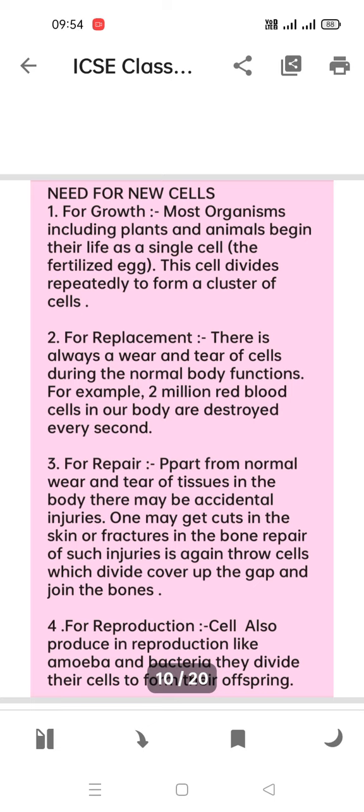Our red blood cells and white blood cells all get destroyed, and lakhs of uncountable cells are being made again and again, while the old cells are destroyed again and again.